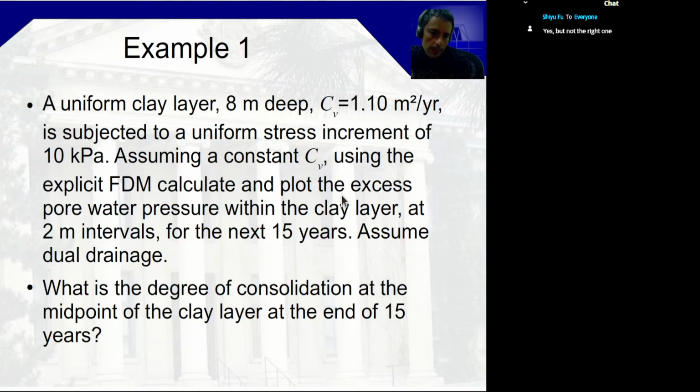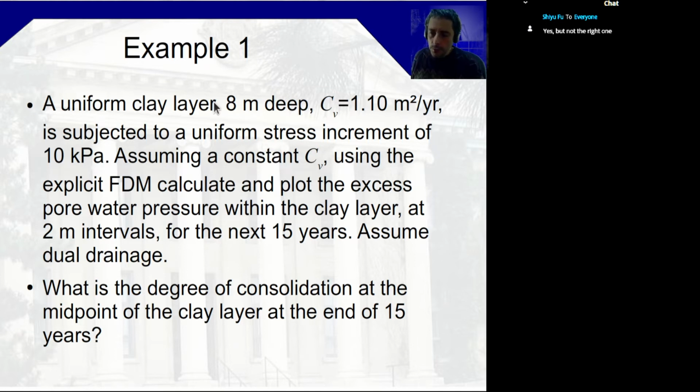And so the question then becomes, what is the degree of consolidation at the midpoint of the layer at the end of 15 years? So we want to do it at 2 meter intervals. We want to calculate the excess pore pressure at 2 meter intervals for the next 15 years.